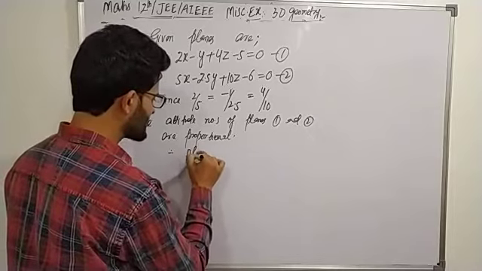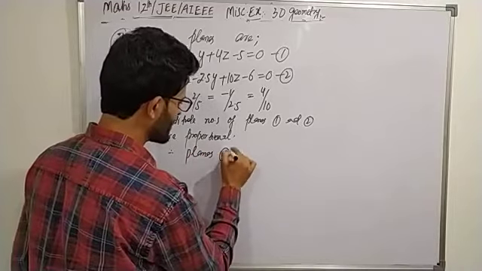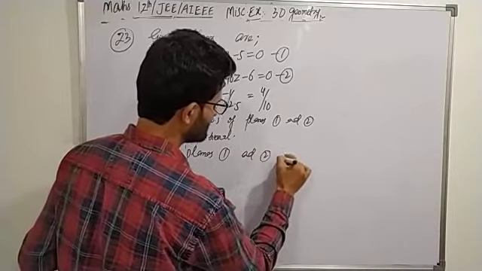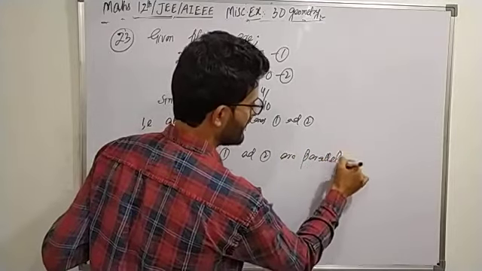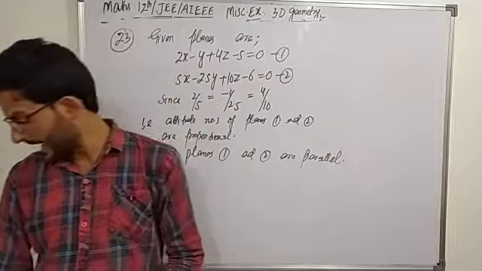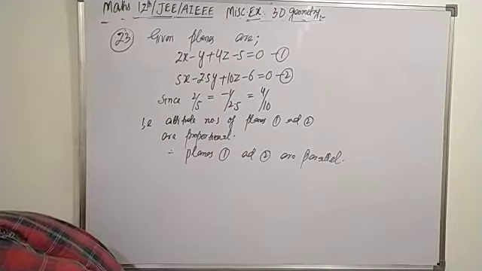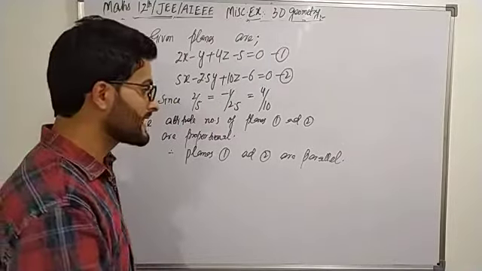Therefore, planes first and second are parallel. So the planes must be parallel planes, as the direction numbers of these planes are proportional.